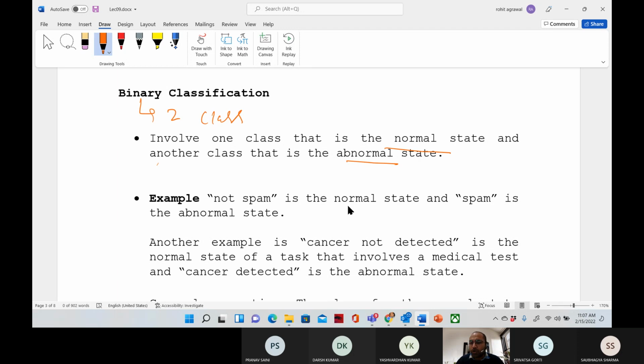Not spam is the normal and spam is the abnormal. So binary classification, also called two-class classification, is one in which one class is the normal state and another class is the abnormal state.